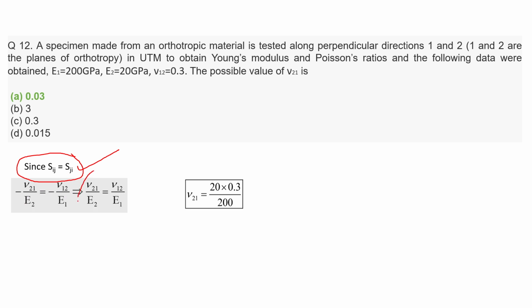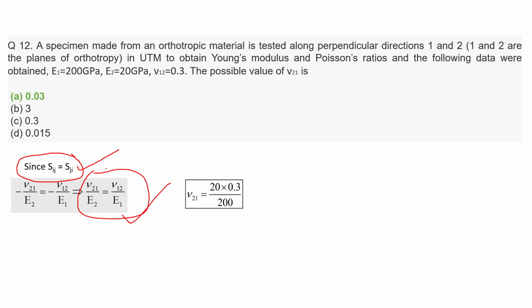So this is the relation where mu21 by E2 equals mu12 by E1. This is easily derivable, but you have to remember this equation, as in many questions it can be directly utilized. So it is better to know the relation between the Poisson ratio and the modulus: mu21 by E2 is equal to mu12 by E1.